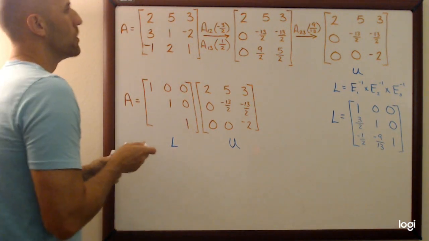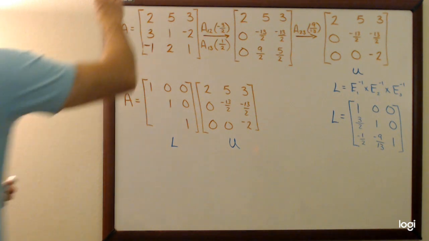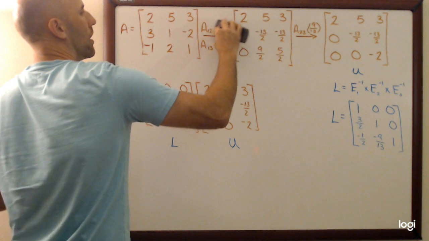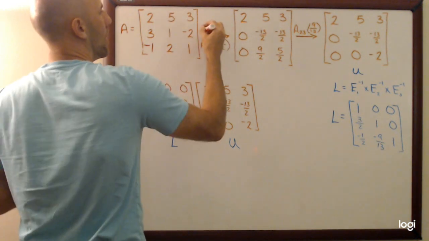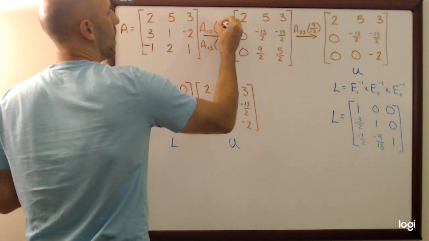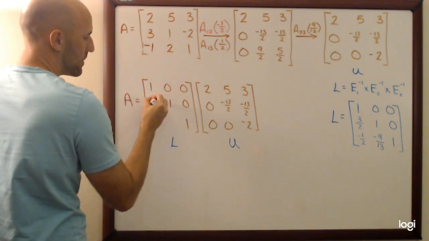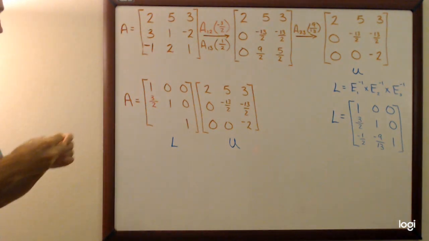Okay. So this operation here, A12 negative 3/2, puts a positive 3/2 in my 2-1 position.